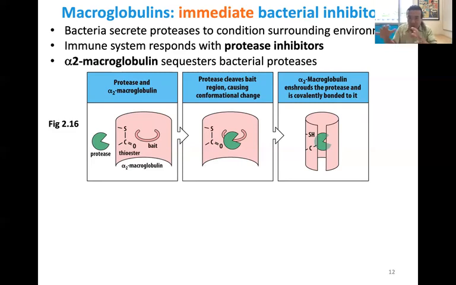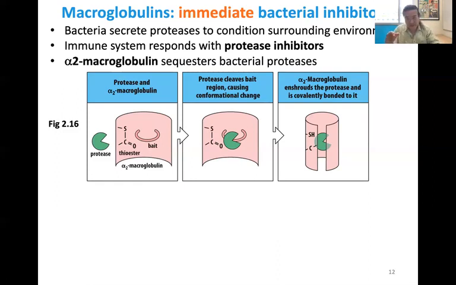If that bait region is broken, then the peptide chain collapses. And in this case, it collapses around the green Pac-Man protease, and in doing so, it allows the thioester bond to attach. Now this green Pac-Man is sequestered, captured and neutralized, and it can no longer harm other proteins in your tissues.